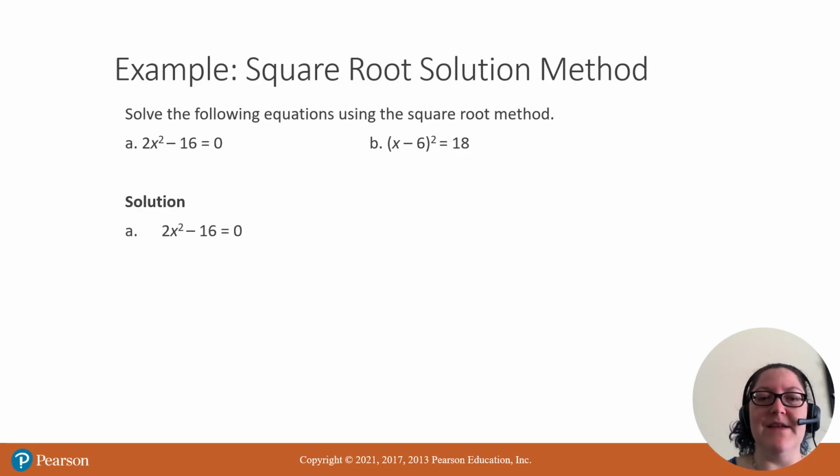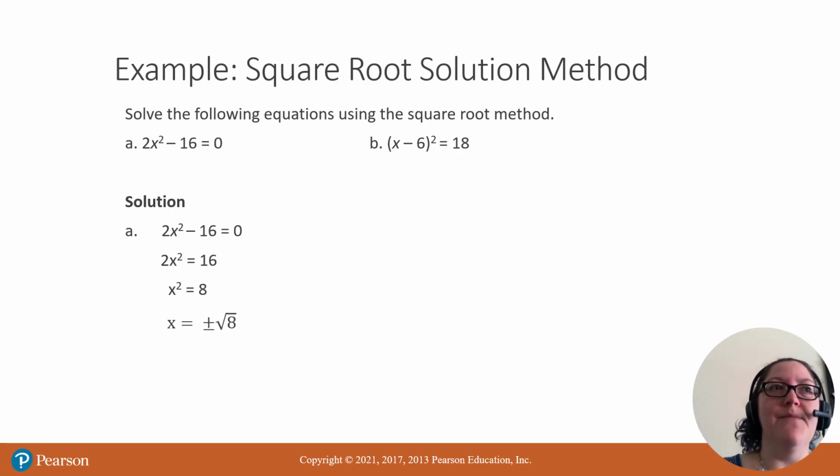So we start by adding 16. Once we add 16, I'm going to divide by 2, and now we're left with that perfect x squared equals a number. Since x squared equals a number, we get x equals plus or minus the square root of 18. Now, pause for a second and remind yourself, you cannot type in plus or minus the square root of 18. We are not done simplifying.